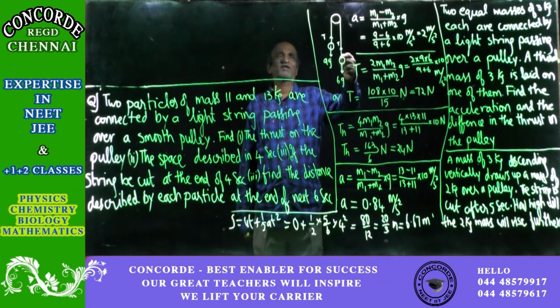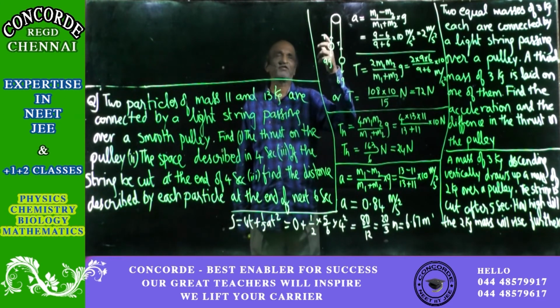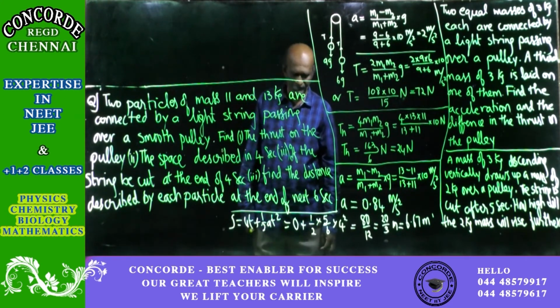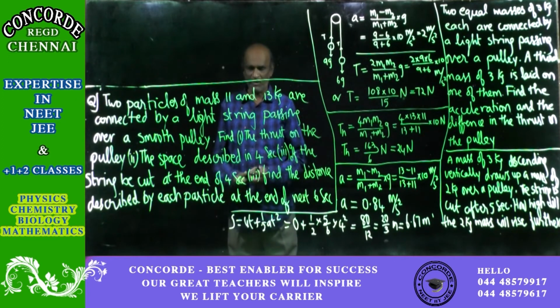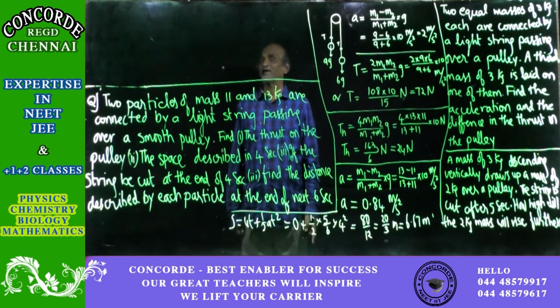So when the string is cut, it is in motion, and it will further move some distance because g is negative, so the velocity will become 0 at one time, then it will fall down. So in the next 6 seconds, what happens? Find that distance is the question. Okay. So then, don't take this acceleration. That is the acceleration when both masses are connected to one another.